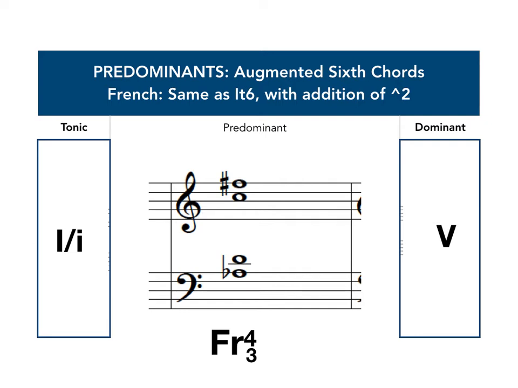And with the French augmented 6 chord, we abbreviate FR, and with the figured bass 4/3, illustrating the 4th above the bass, and the 3rd, or down an octave.